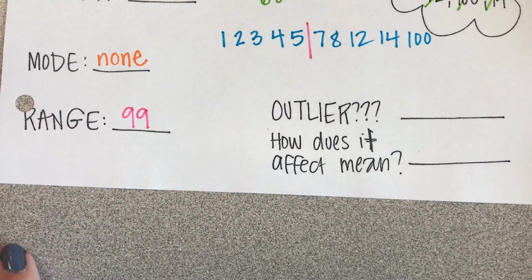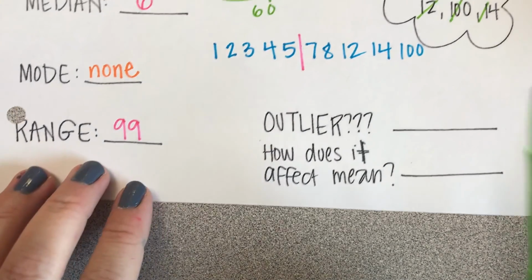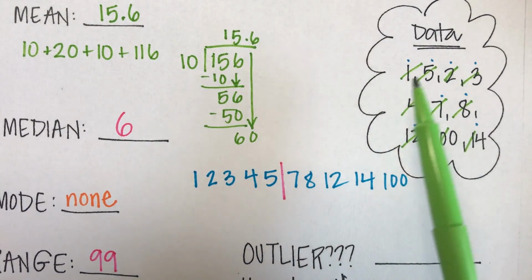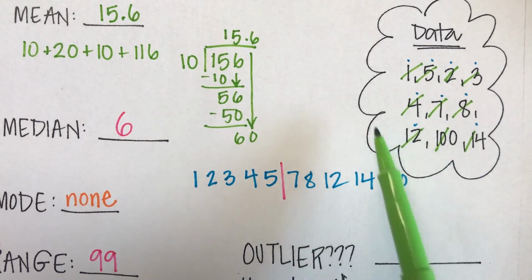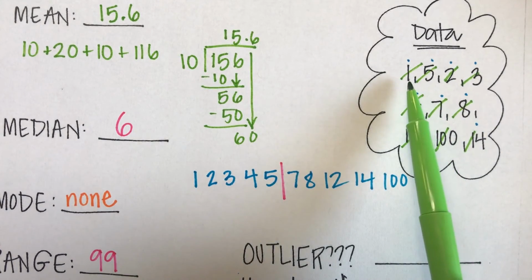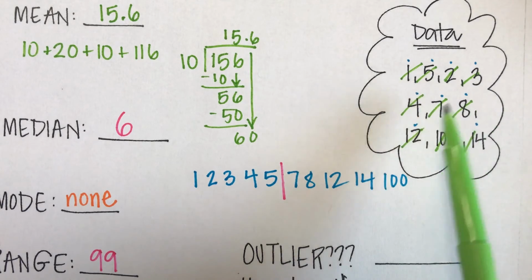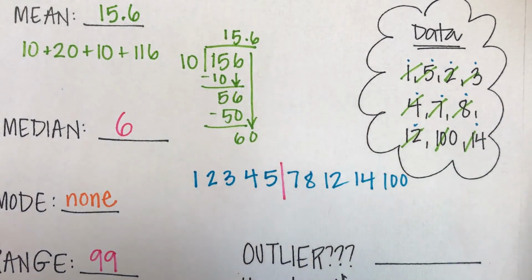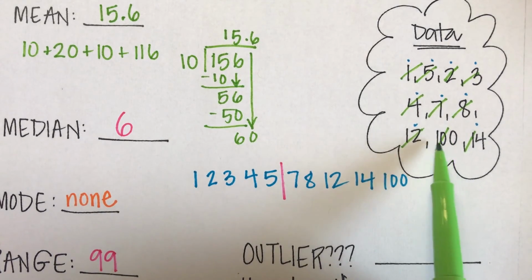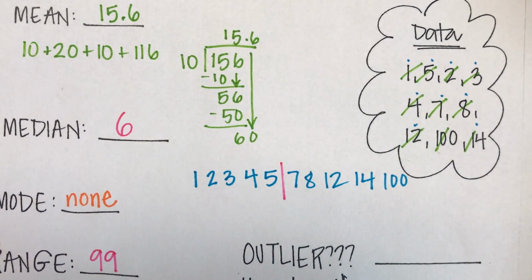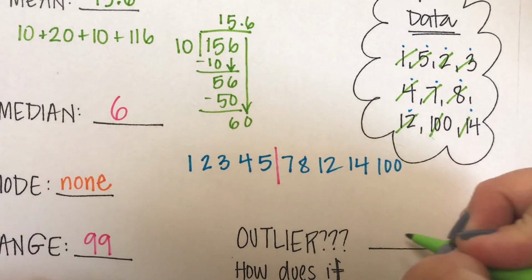And then the very last thing we have to talk about is the outlier. Okay, if this data set represented something like how many pets everyone in our class had. Someone had 1, 5, 2, 3, 12, 14, and then someone responded with, I have 100 pets. Does that 100 fit in with our other data? No, it is our outlier.